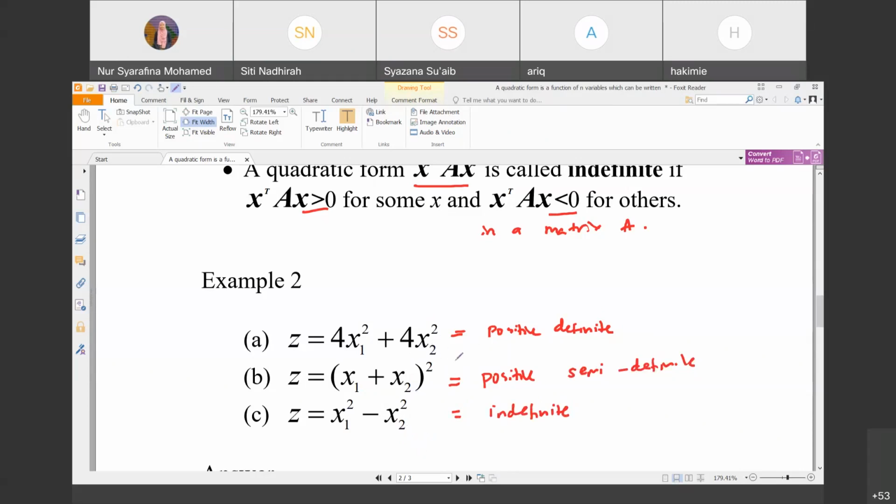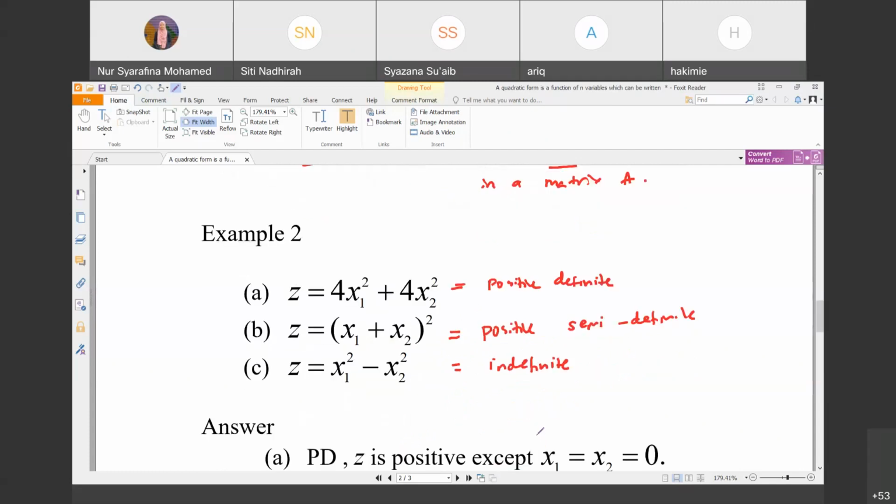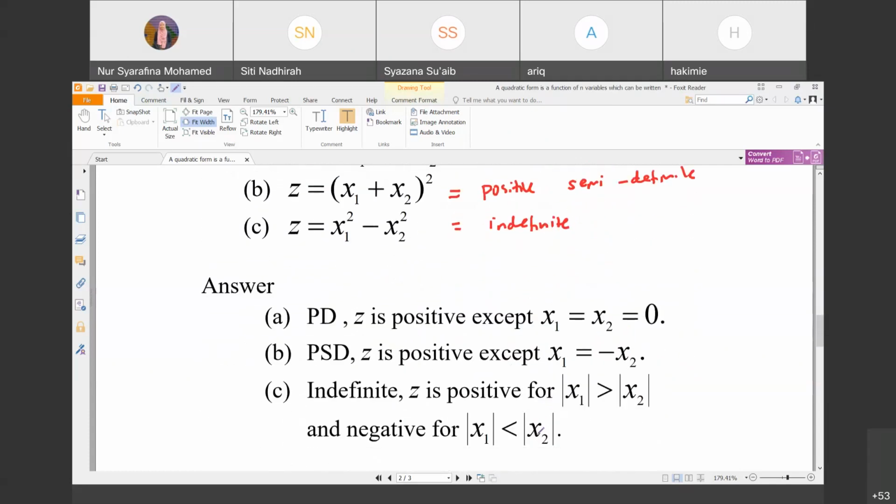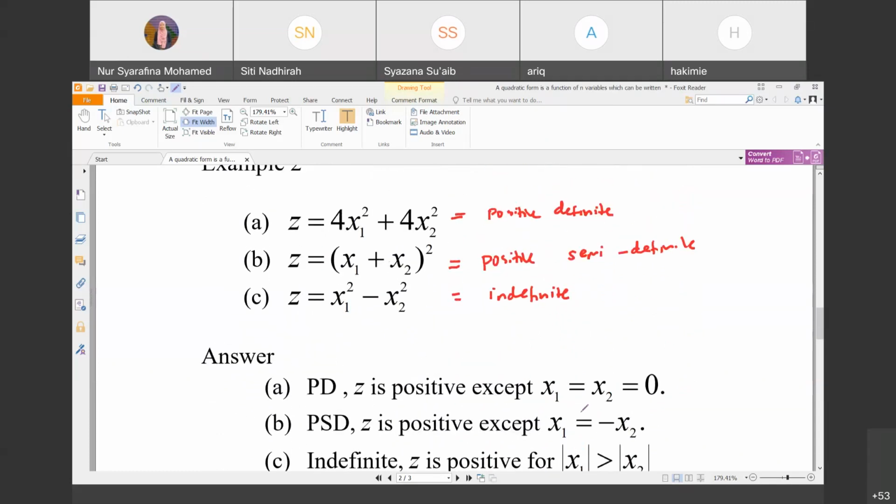This is for a simple function. But what if we have such a complicated function? It is quite hard, okay? Because we need to understand the function. So later on, we're going to discuss another theorem where we can identify the positivity definiteness based on the matrix. Okay, so this is given. Why is it positive?